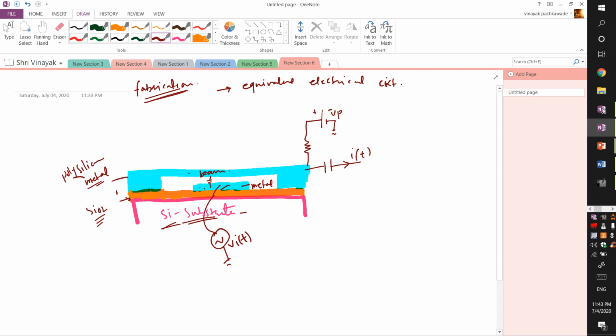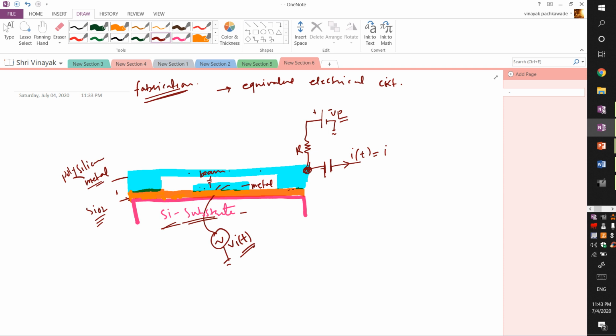To the bottom electrode we are going to apply AC voltage. To the top beam, the structure itself, we are going to apply this DC voltage to polarize it, and the output is going to be sensed from the body of the vibrating element itself. So this is basically your current over here.